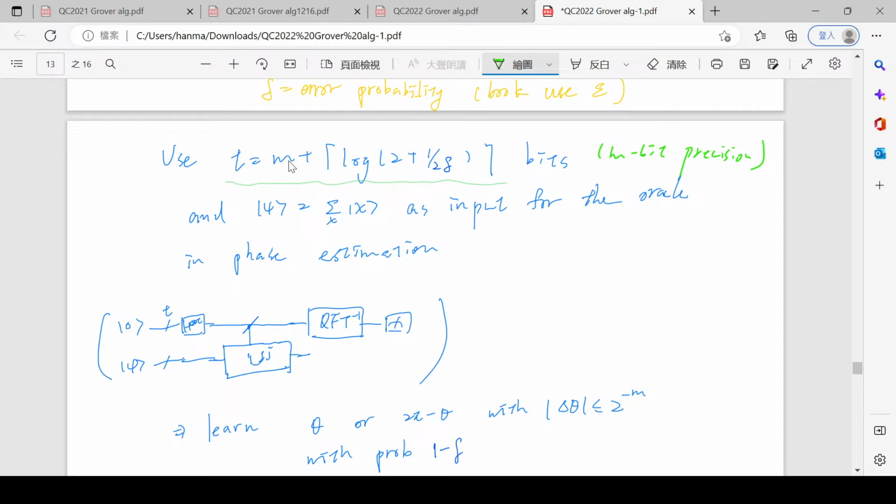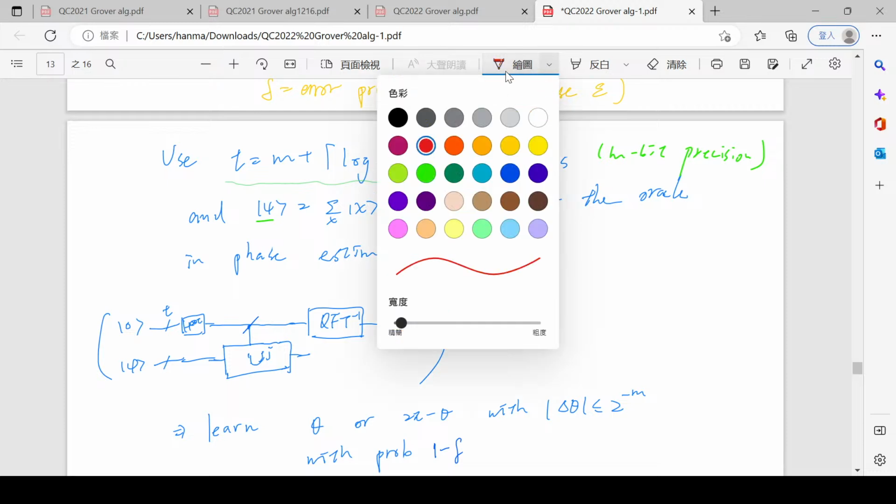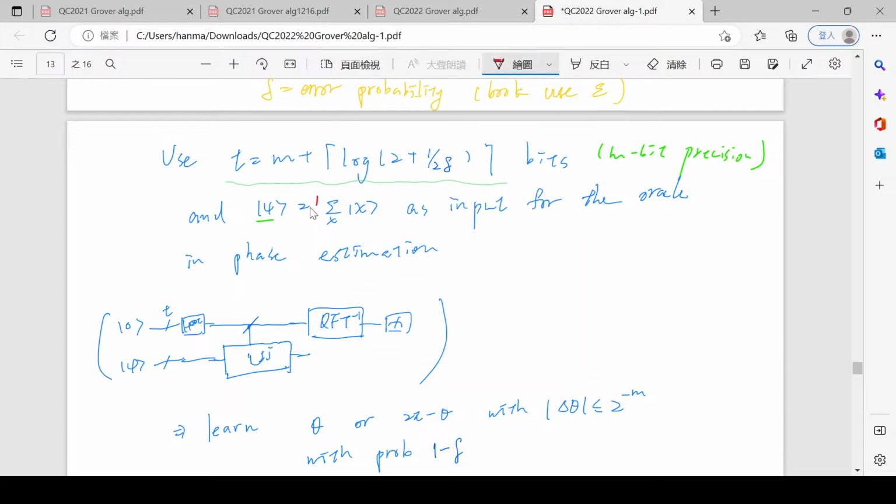And so we use this many bits in our phase estimation, and our input state is obviously this phi. That should be 1 over n, right? Sorry, no, it's 1 over 2n, because we expand our space to 2n.